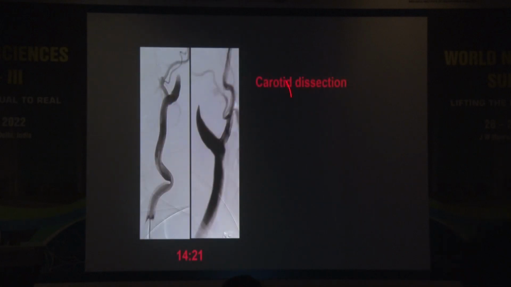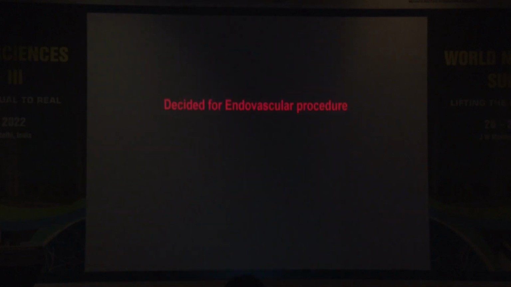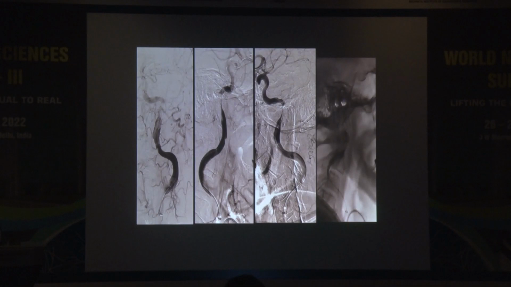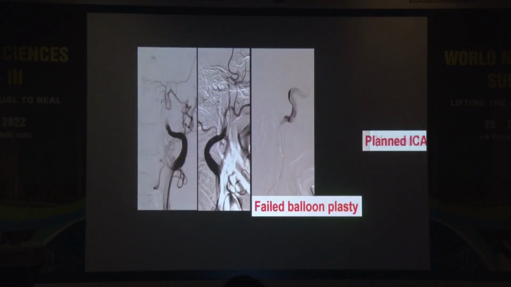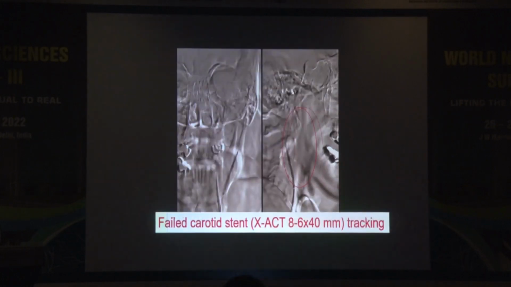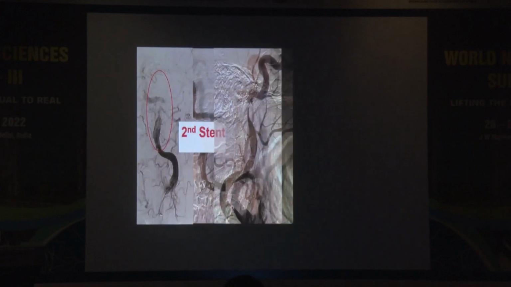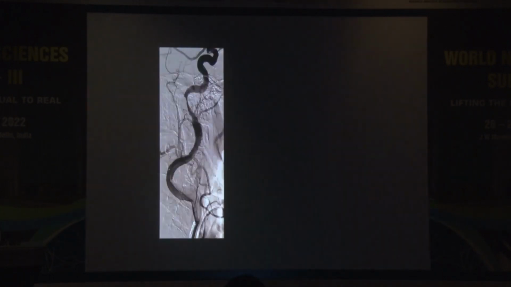So now since we know, it's simple: you cross it and you start placing stents. This is with the wire. We tried crossing the carotid stent, it didn't work. So we took intracranial stents which can track easily. First stent, second stent, third stent.